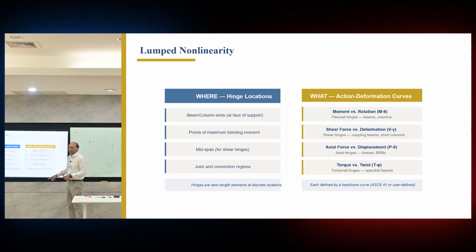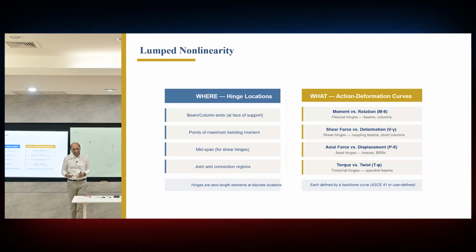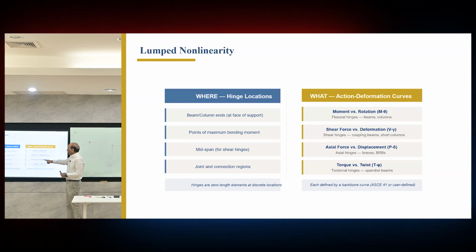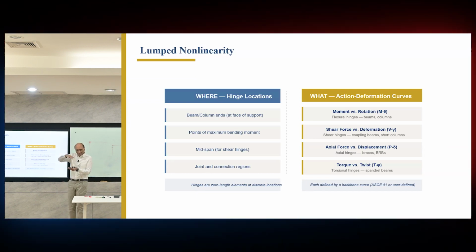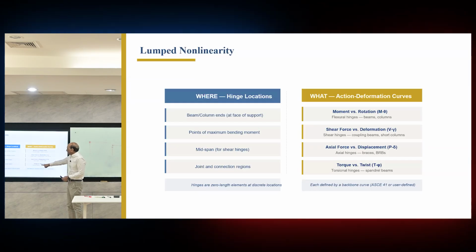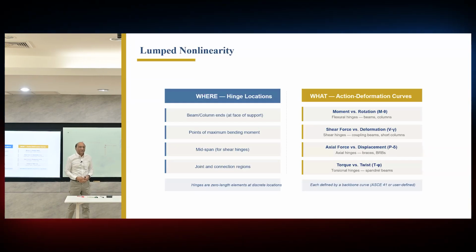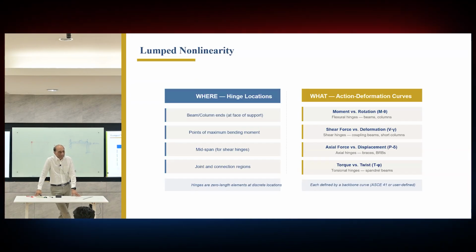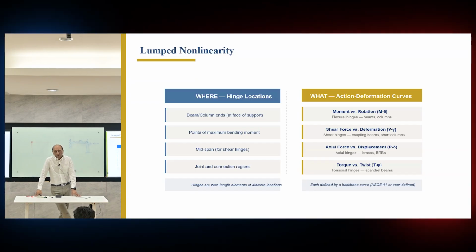Shear force versus shear deformation can also be nonlinear. So you can specify nonlinear shear spring. Axial force versus displacement, axial force versus axial, torsion versus twist. So these are the types of nonlinearities that you can provide hinges in the beam or in the column.